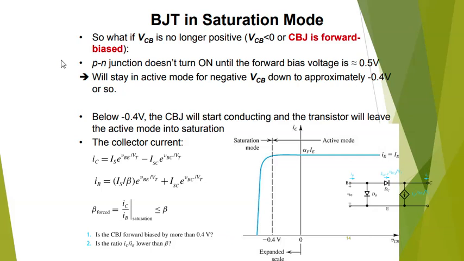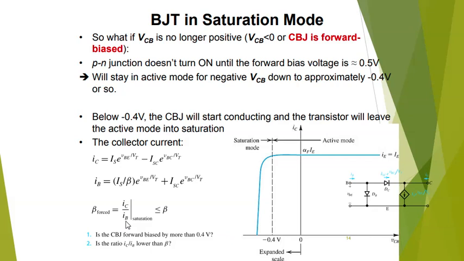So this is the situation in which beta is not the nominal value, the 50 or 100 that is given. Here you will have a forced beta. This forced beta will be IC over IB, whatever it is.